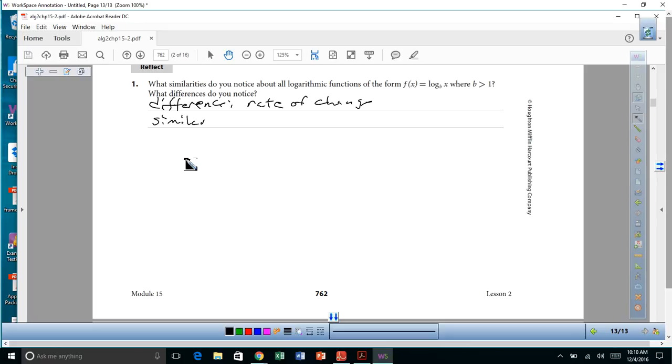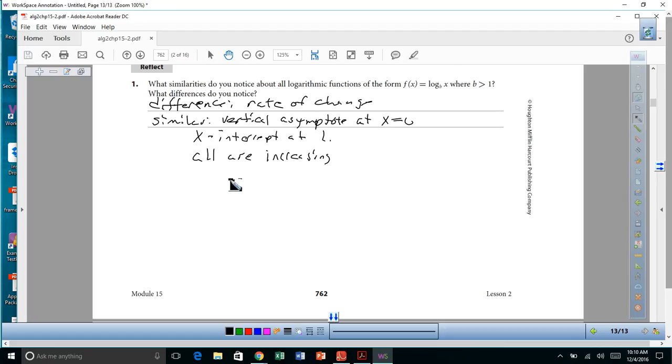Let's see. So similar vertical asymptote at x equals 0, x-intercept at 1, or x equals 1, all are increasing in the domain.